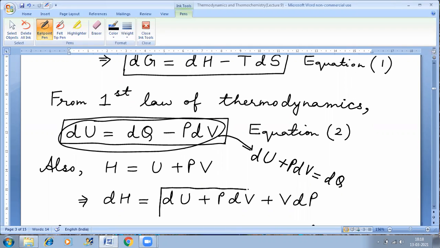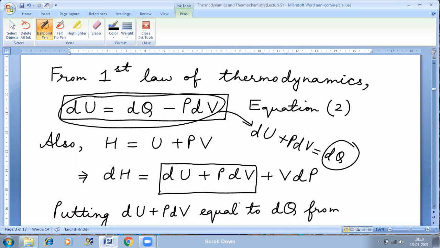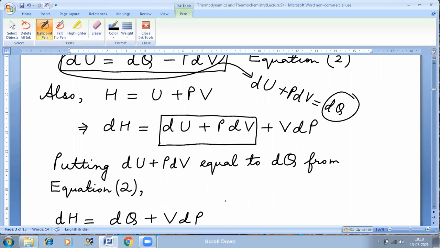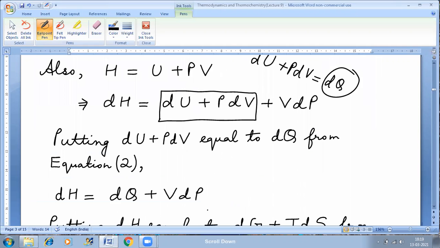So here I have this dU plus PdV. This can be written as dq. So if I put dq, I'll get dH is equal to dq plus VdP.